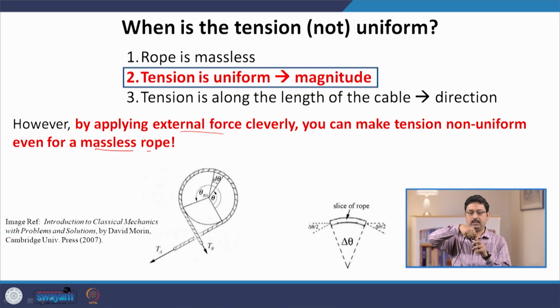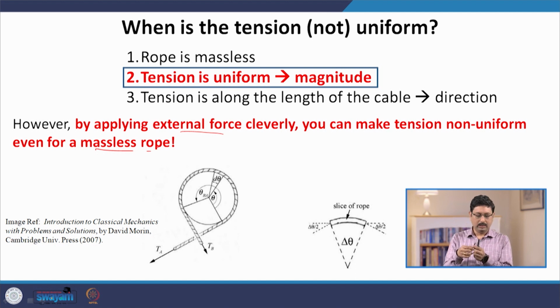This is a common strategy, because if I want to keep something tied or bound, then there is a friction force between the surface of the pole and the surface of the rope. Imagine this is a pole and this is the rope.